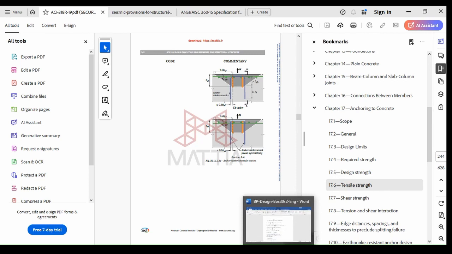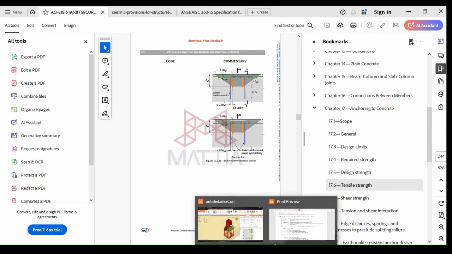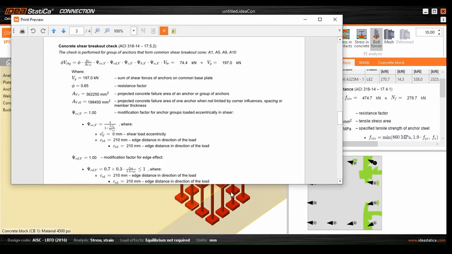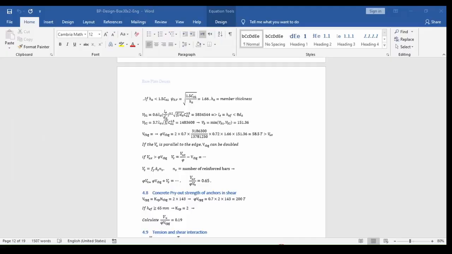So okay, I think that was important to show you that if you need reinforcement, IDEA doesn't provide you a procedure to calculate needed reinforcement, so you have to do it by yourself. And this is how we have done it here.